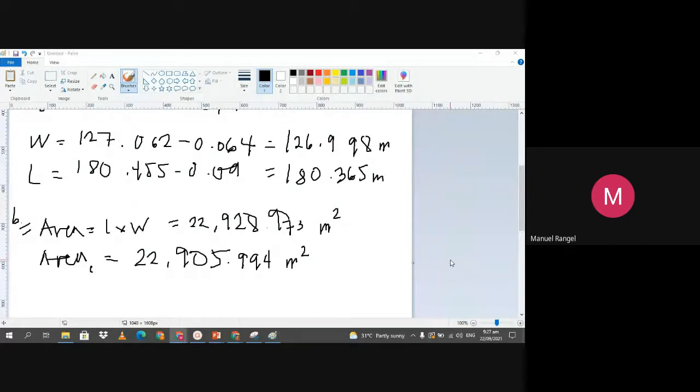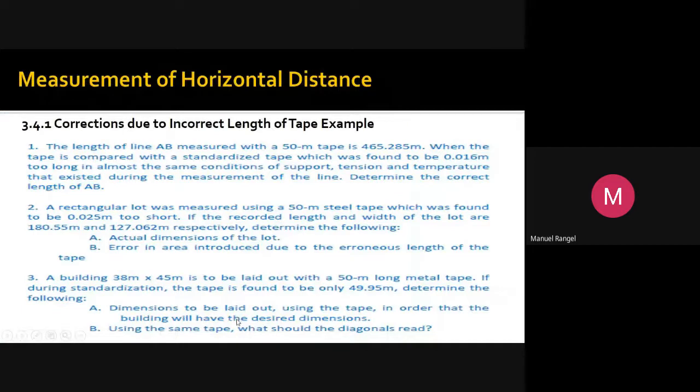But what is being asked is the error in area introduced due to the erroneous length of the tape.